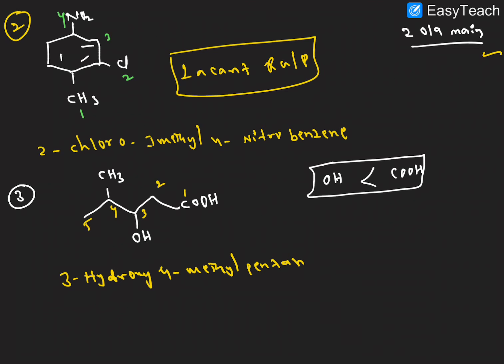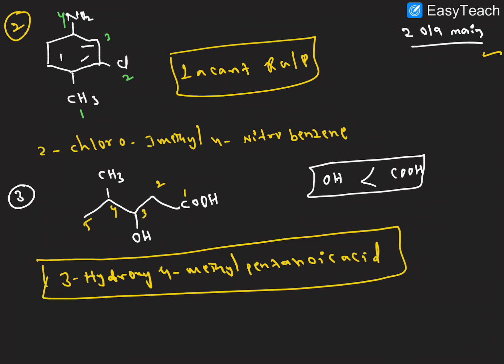The final e is replaced by the functional group suffix oic acid, so pentanoic acid. This is the IUPAC name for this question. This is also a 2019 Mains question. Next one, 4th example.